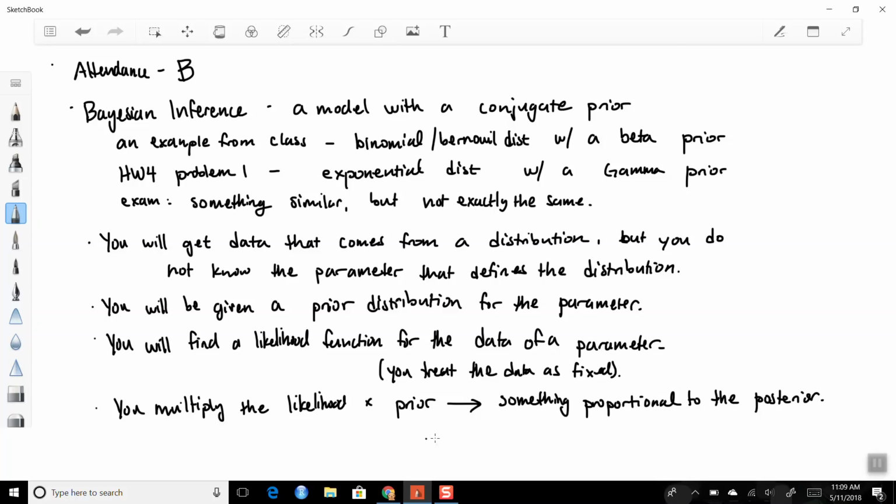Because it's a conjugate prior, the posterior is in the same form as the prior, so then you'll rearrange terms to find the true parameters of the posterior distribution.